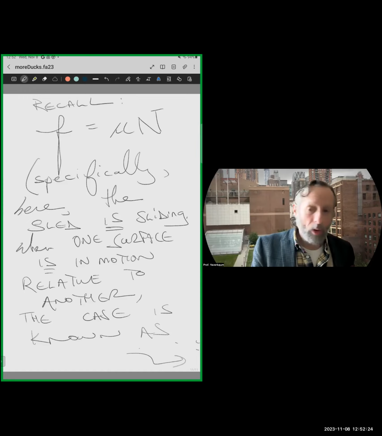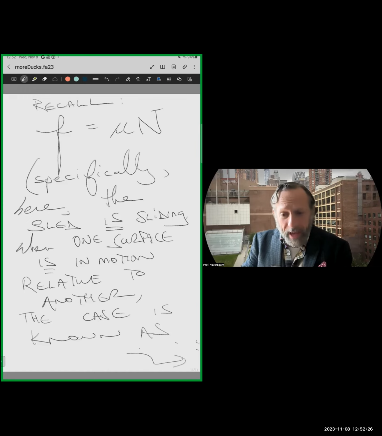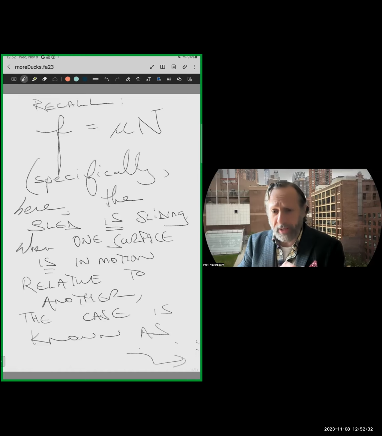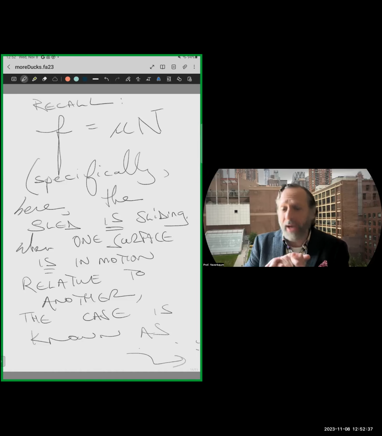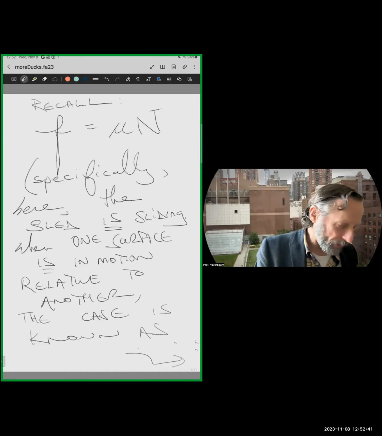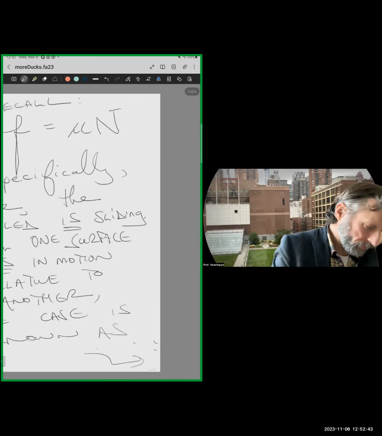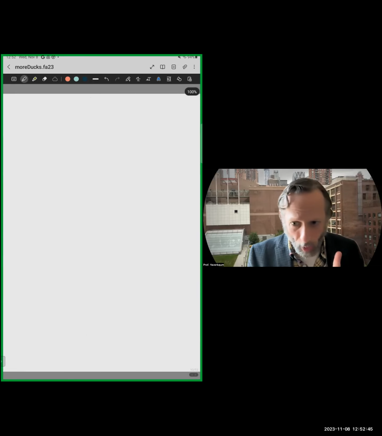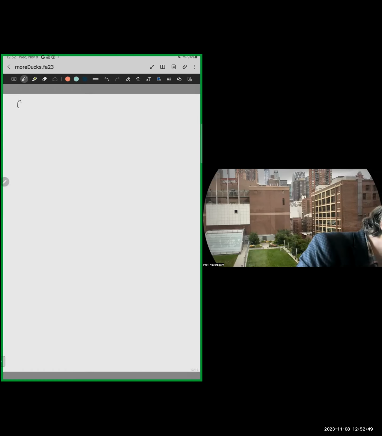Friction can be acting because things are already sliding, already experiencing motion relative to each other that's being resisted by friction, or friction can act so as to prevent the sliding in the first place. In other words, there are two cases of friction. And what we're dealing with here is friction when things are already in motion.